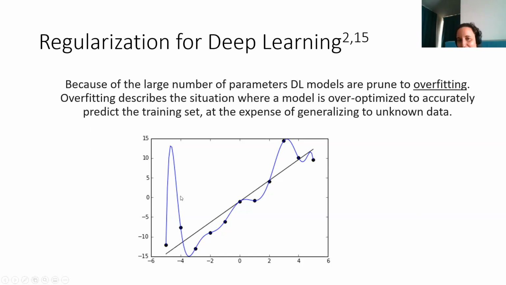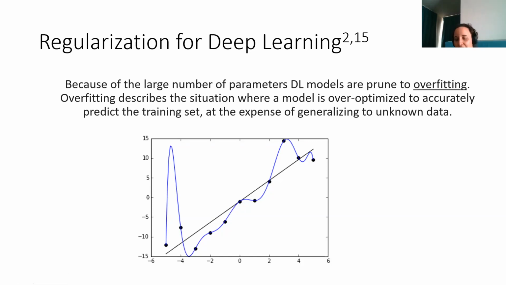The deep learning model can learn a function that really accurately follows this data, like the blue one. But assuming this data is noise coming from a linear function, you'll see that for unknown points, the model can make larger errors than a smaller model that learns this latent linear function. This is what we call overfitting.